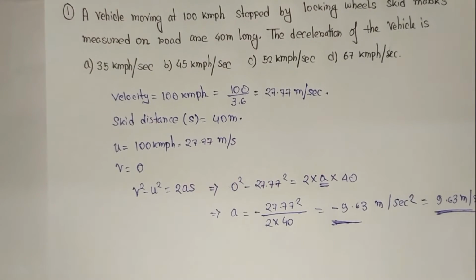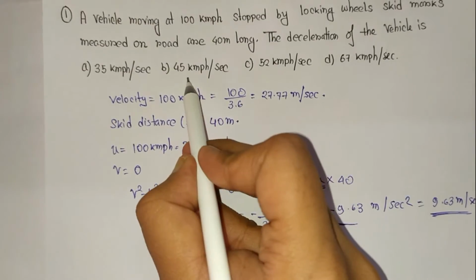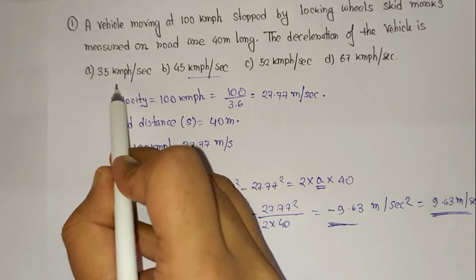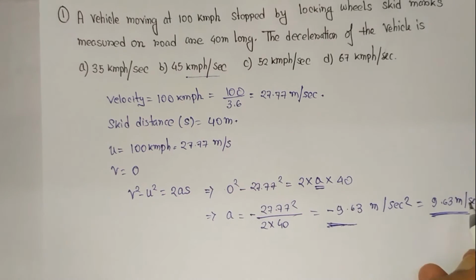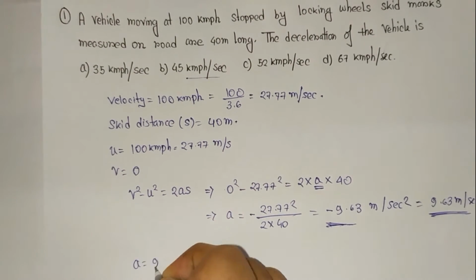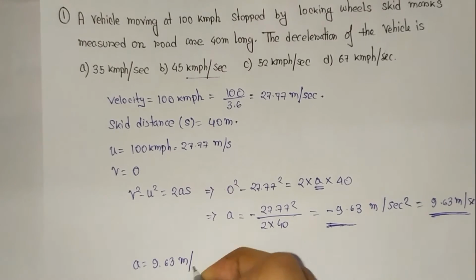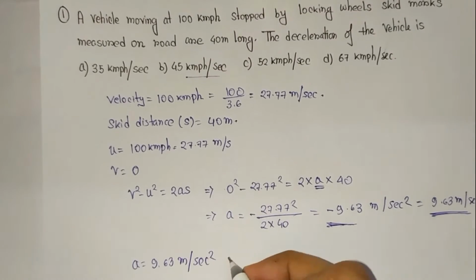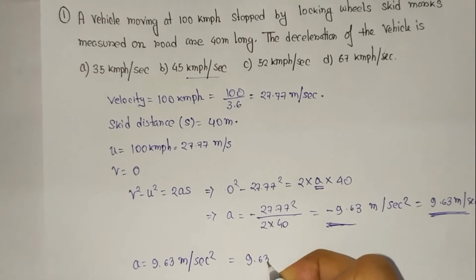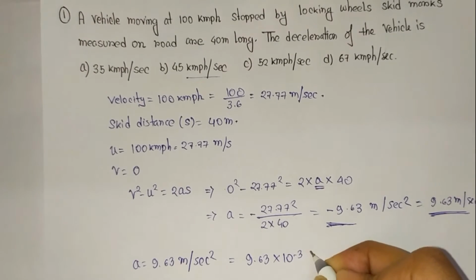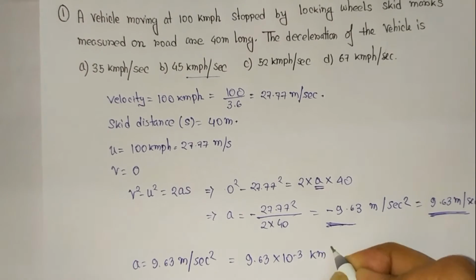Now we have to find it in the unit kilometer per hour per second. We got it in meter per second square. So a is equal to 9.63 meter per second square, and now we have to convert it by multiplying 9.63 by 10 to the power minus 3, which gives kilometer per second square.